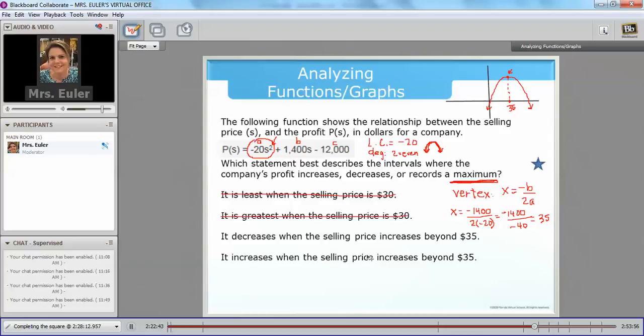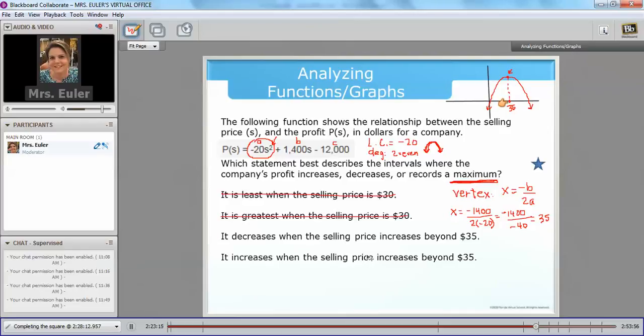Now I need to look at what the answer choices for the third and fourth ones are actually telling me. For the third one, it says it decreases when the selling price increases beyond 35. Again, the question is saying, which statement best describes the intervals where the company's profit increases, decreases, or records a maximum? The profit decreases when the selling price increases beyond 35. So let's look at our graph.